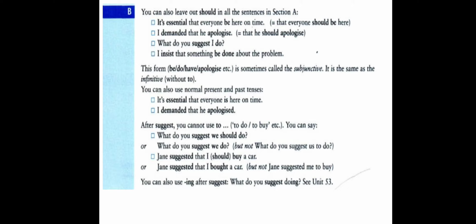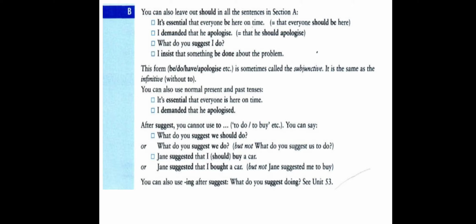If we want to use a verb in the present, it must be is, but here it is the base form because should is understood, should is hidden, should is dropped, but what remains is the base form. Don't change the base form here into present.